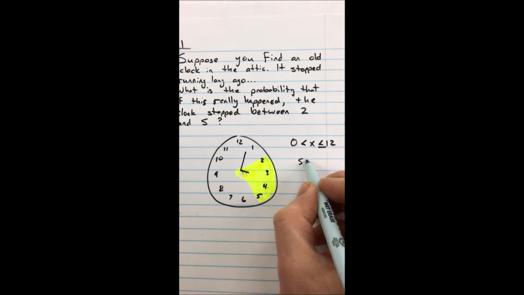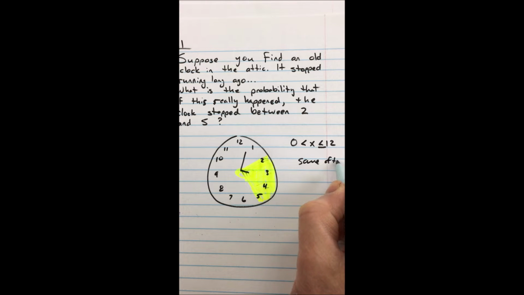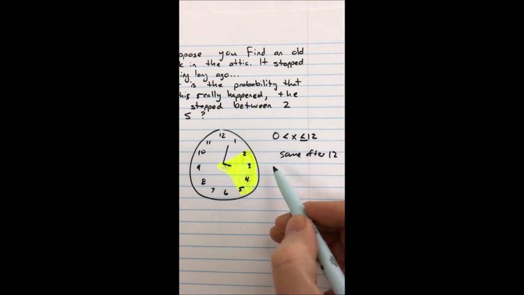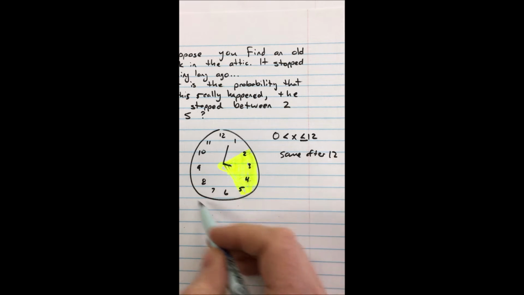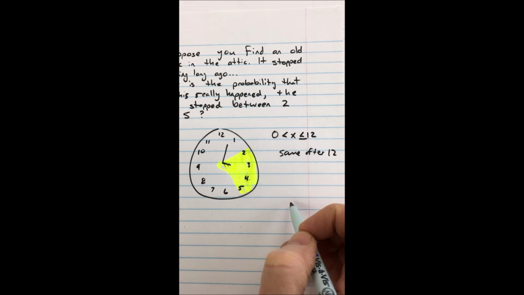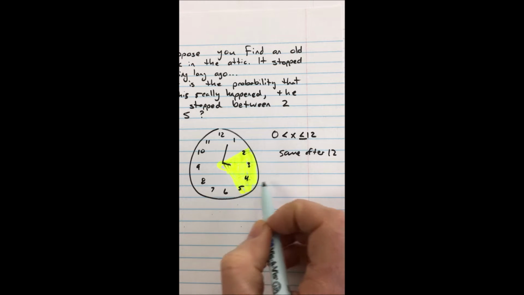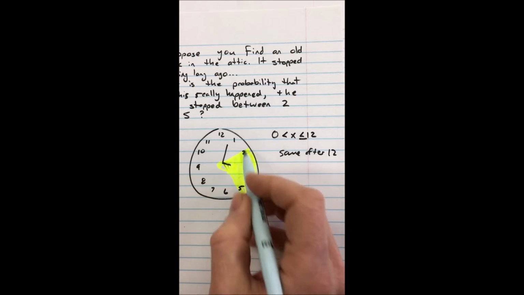Okay, so same after that. So what I've got is this type of scenario that it can point at a particular hour from 0 to 12 during this interval, and then after that interval, it still points at the same hours from 0 to 12.